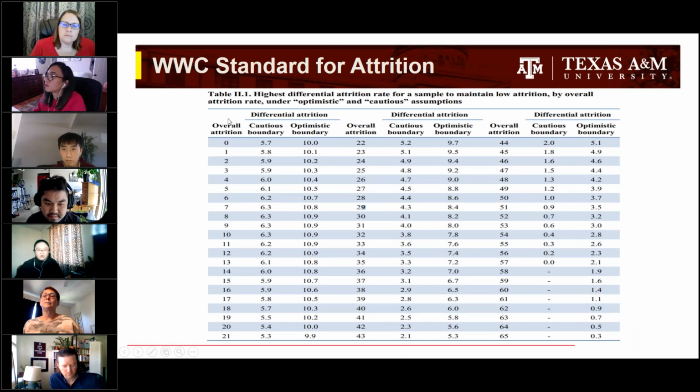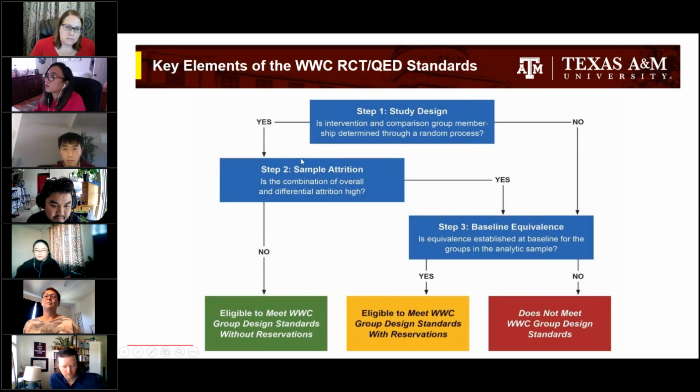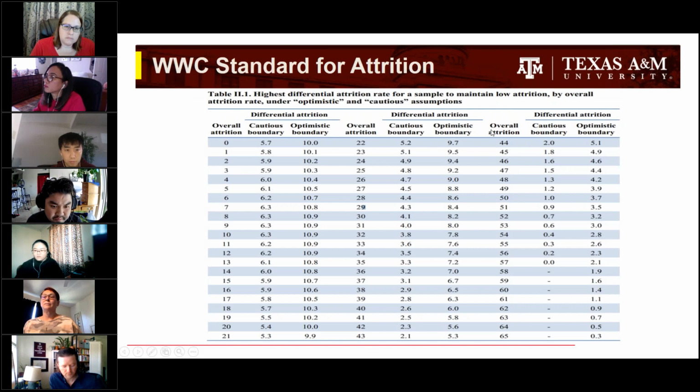Here, you can see overall attrition and differential attrition, and here is when the cautious boundary is applied, and this is when the optimistic boundary is applied.